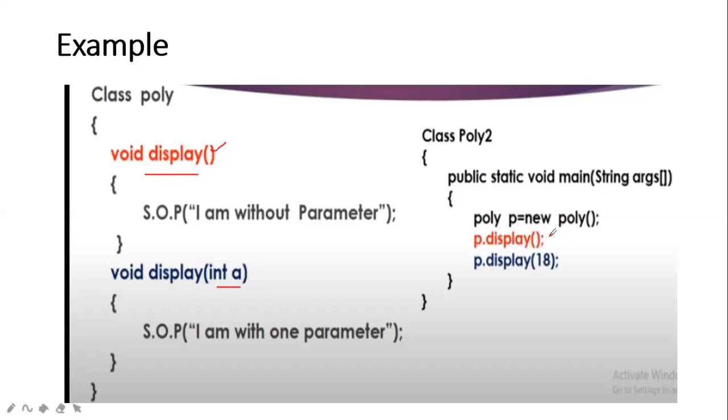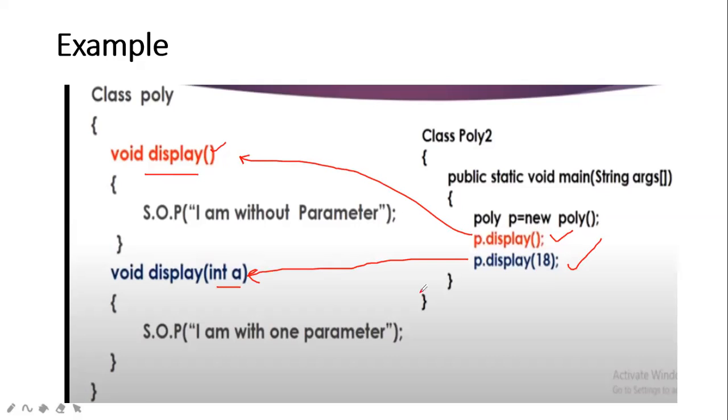That is p.display() is different, and p.display(18) is different. This is relating to this, the same color, because one parameter a is of integer type, so the value of a is 18. So this is how with no parameter it is being passed.